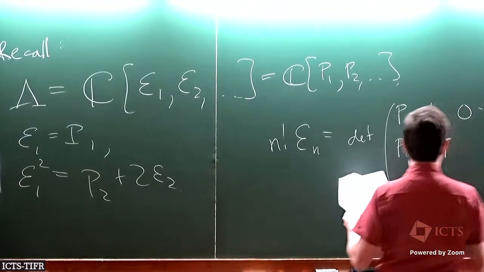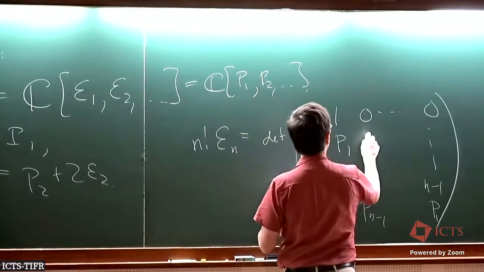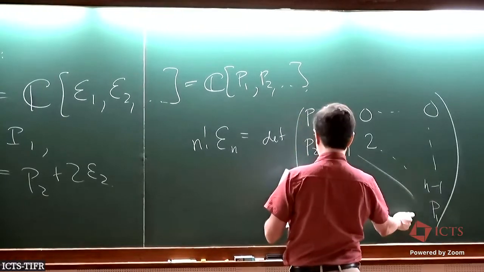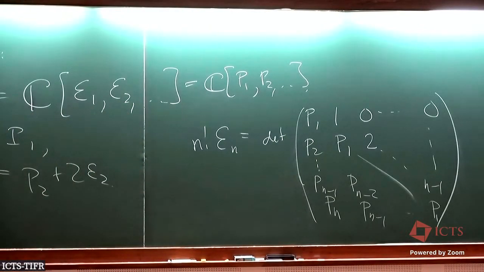So there's a straightforward but a bit intricate formula, with P1's all the way down here, for the En in terms of the P's. Anyway, that's my brief introduction to recollection of the symmetric polynomials.